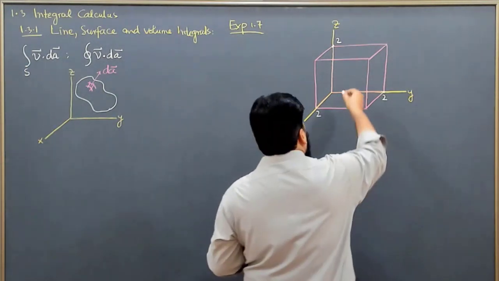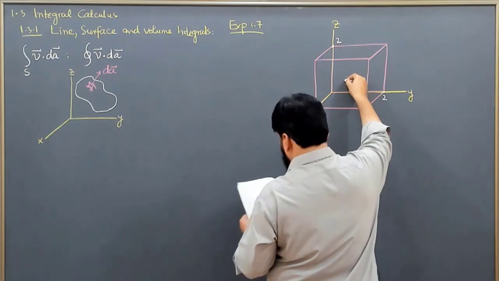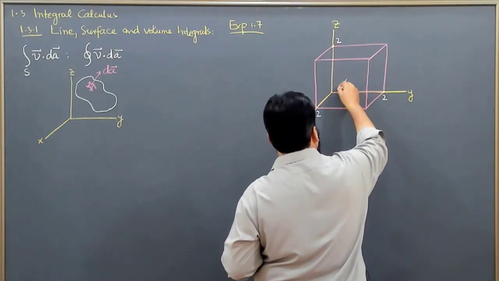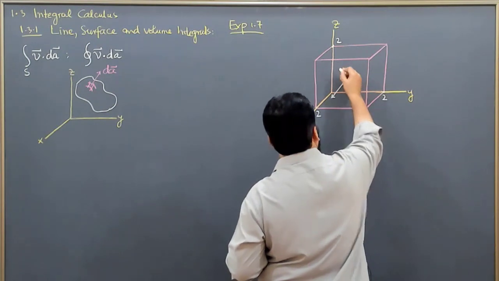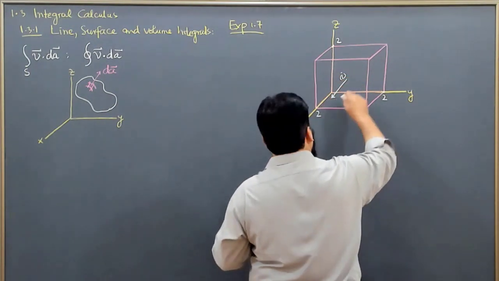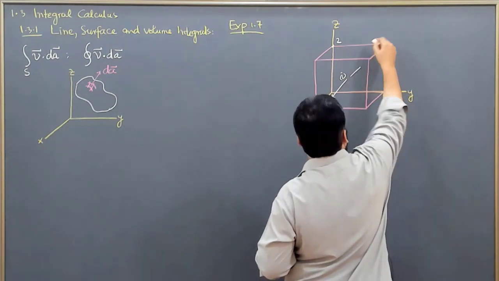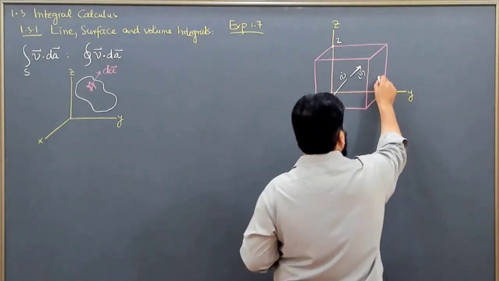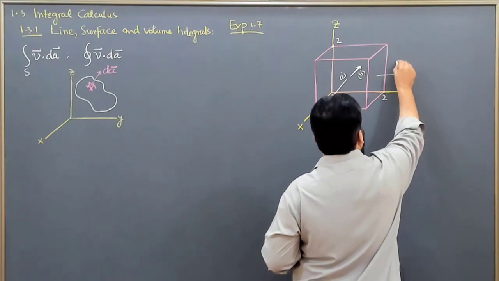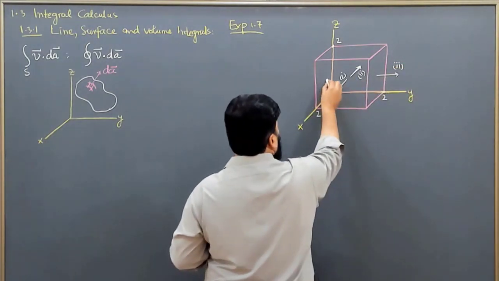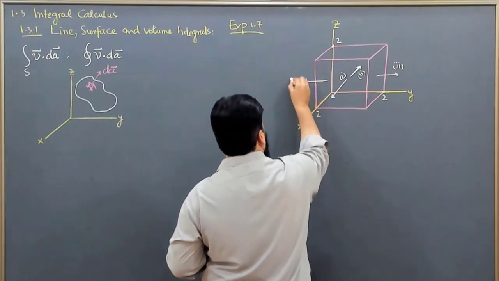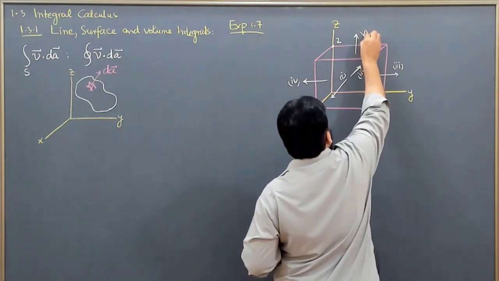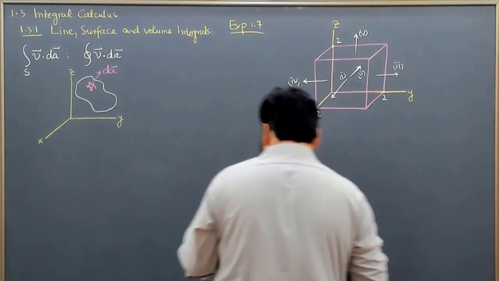We are having this face, which is indicated here, as face 1. Then this face, which is inward into the board, is face 2. And then 3 is along y, and 4 will be along the opposite y. And then 5 is along the z axis, while we will have to ignore the bottom side.